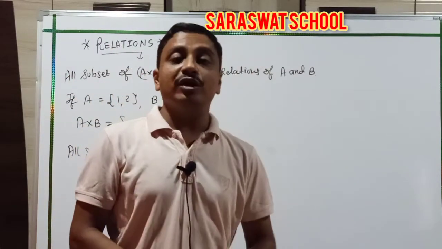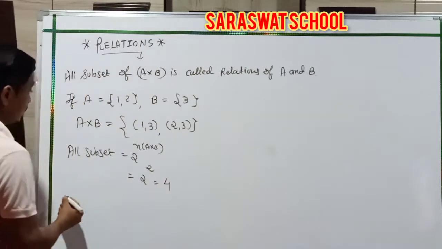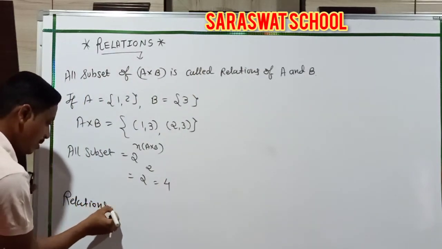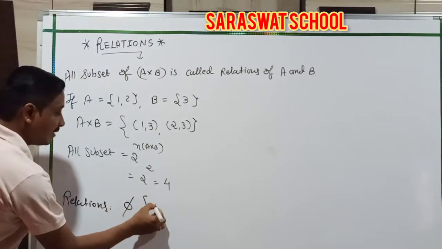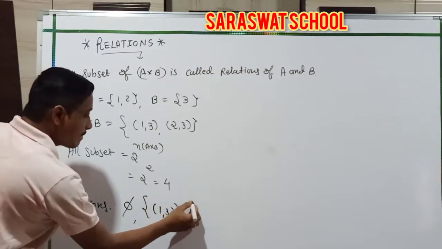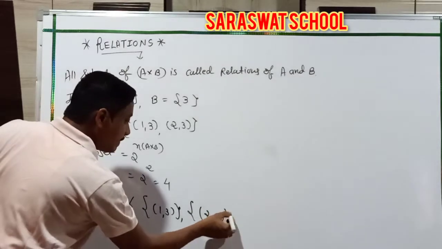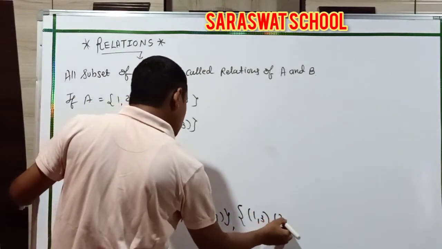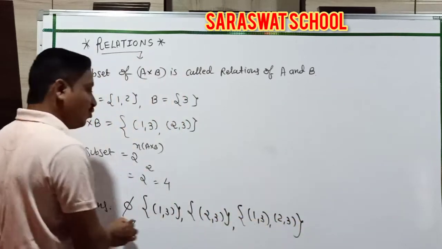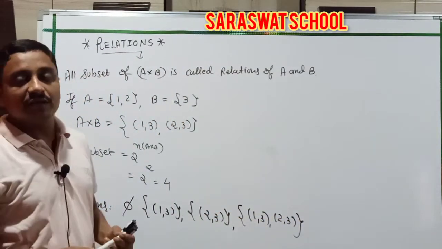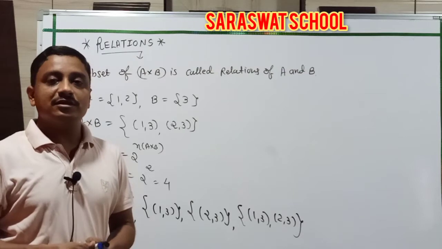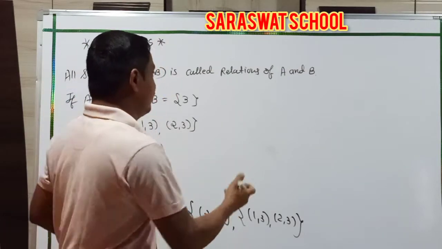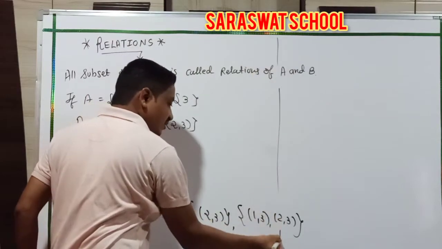It means here 4 relations are available. So what are the relations? One is the null set, after that {(1, 3)}, after that {(2, 3)}, and last {(1, 3), (2, 3)}. These are our 4 relations. Now students, simple explanations for that definition to connect functions with relations.